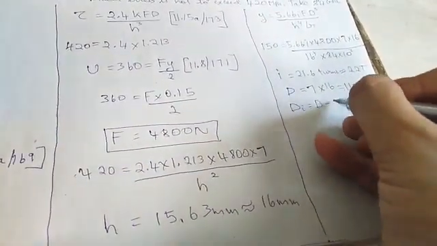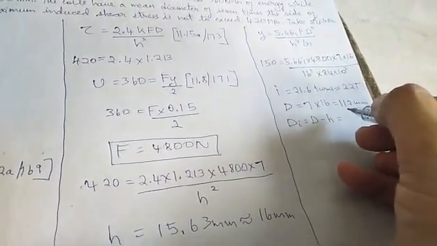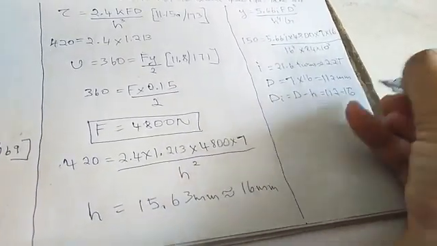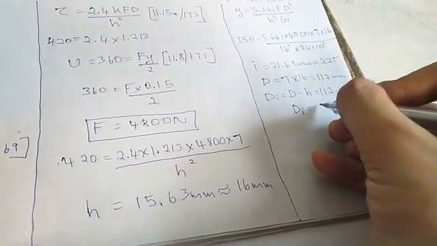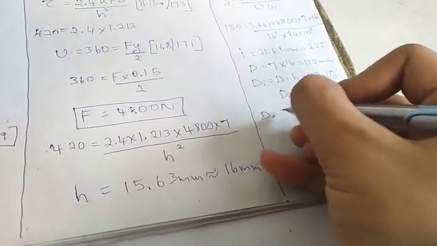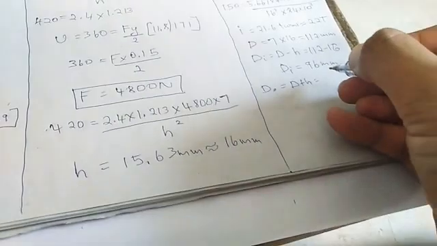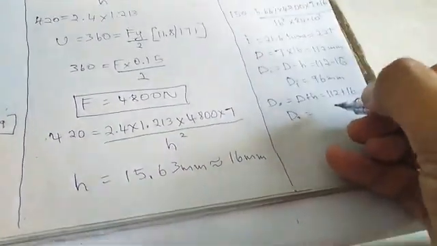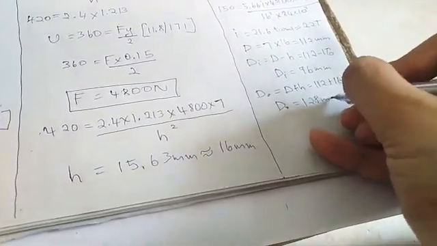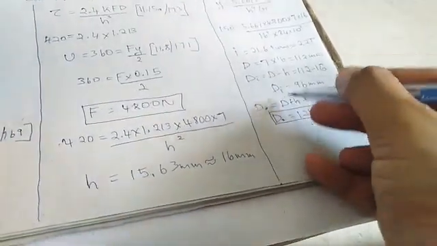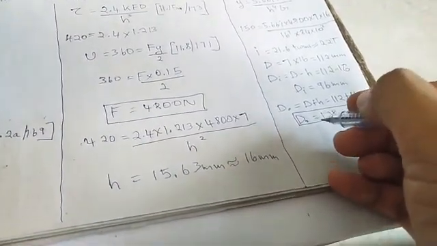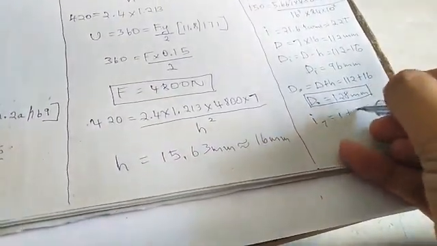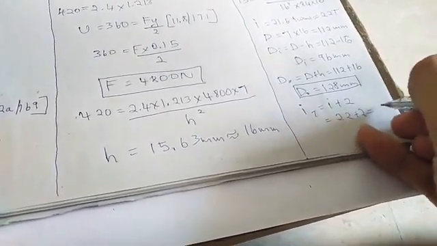Di is equal to D minus H. So we have found out Di, D naught, D. Now here we have found out i is equal to 22 turns, so we'll find iT. iT is equal to i plus 2, 22 plus 2, it will be 24.